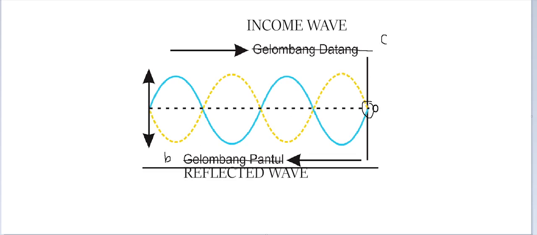Now, what you see like a pole here is called Y, or usually we call it the displacement.